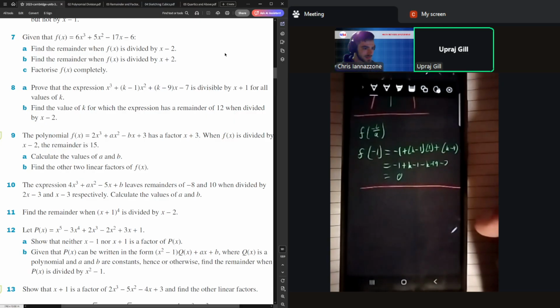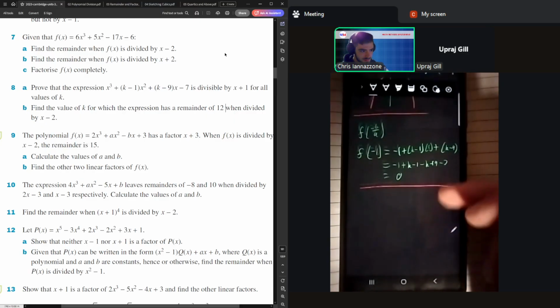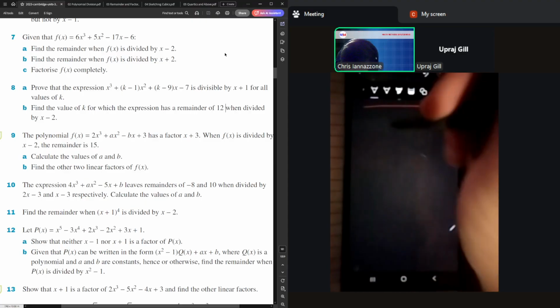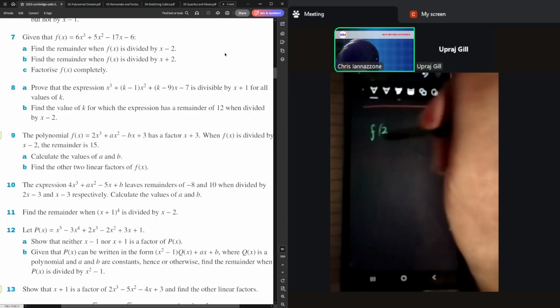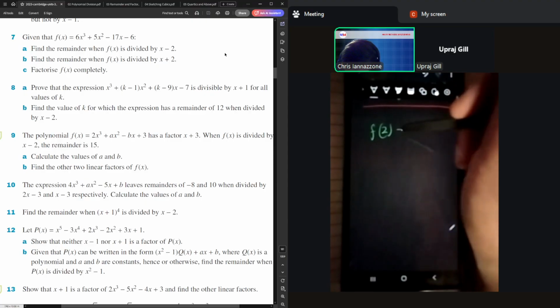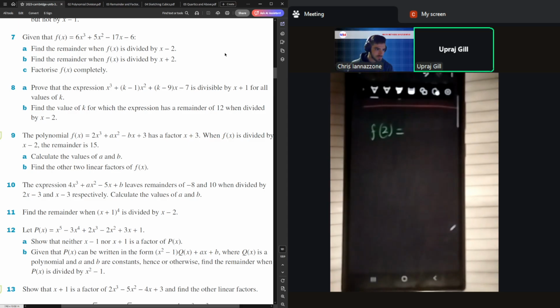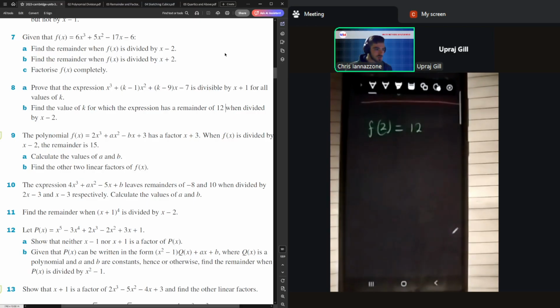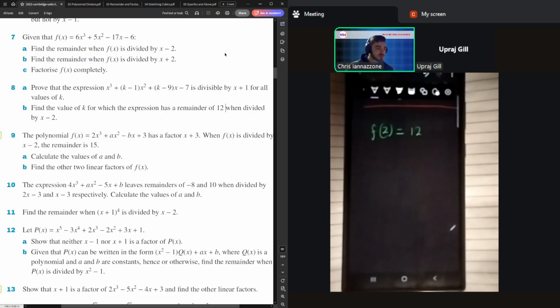Yeah, that's it. So f of 2 in this case. So f of 2 is what we're doing, and what are we expecting? 12. Yeah, f of 2 equals 12. So as long as we solve for k such that this equals 12, we'll be sorted.